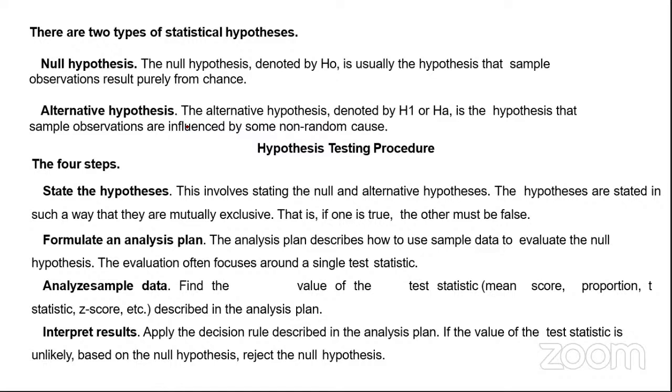In other words, the null hypothesis basically observes the results purely by chance. While the alternative, on the other hand, says that the underlying difference or effect or situation we're observing results from the data.